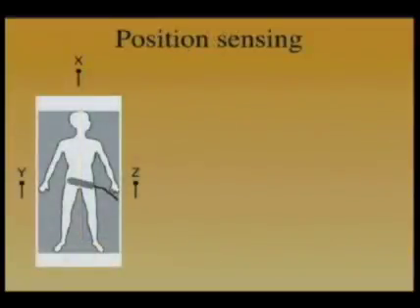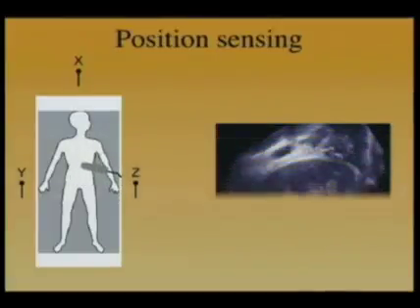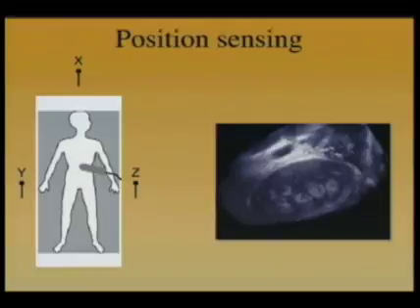One of the earliest approaches to 3D ultrasound was position sensing, whereby the position of the transducer was determined by three sensors which could determine its precise location in the X, Y, and Z plane, and then that information would be used as the transducer was moved over the area of interest and a 3D image reconstructed. However, that approach was really quite cumbersome and didn't gain a lot of foothold.